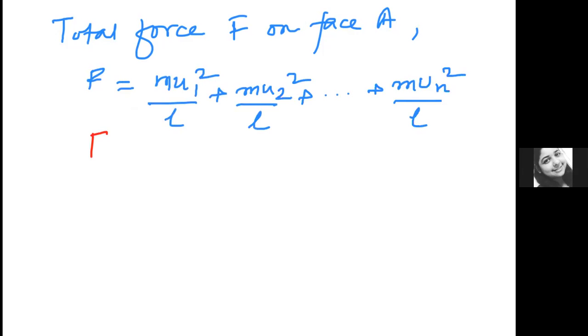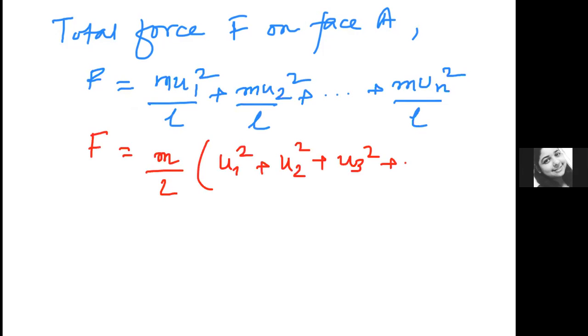Just take common m by L: u1 square plus u2 square plus u3 square plus dot dot dot plus un square. I'm just giving the equation number as 3. Probably it will be 3, I guess. So we have found out the total force F on face A.